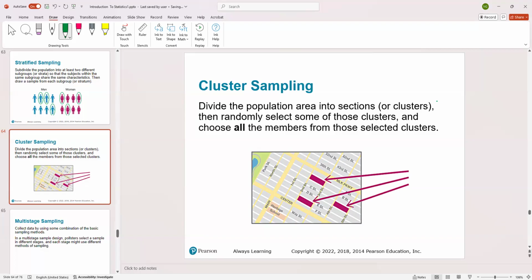Then we randomly select some of those clusters and choose all the members from those selected clusters. Cluster sampling is really like partitioning the population into groups, then randomly selecting some clusters, then selecting all members from the selected clusters. You can see this with tweets as an example.